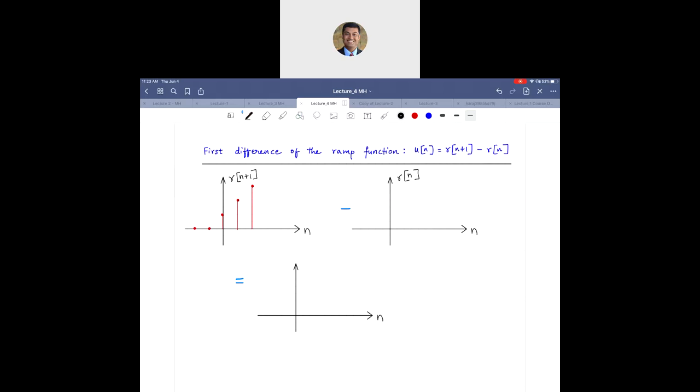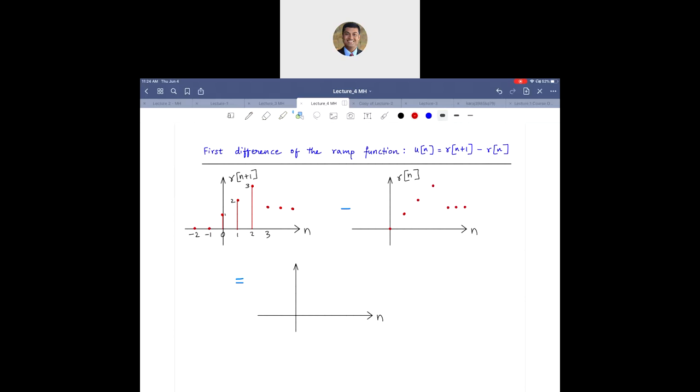This is 0, 1, 2, and so on. And then I've got -1, -2, and so on. And then the height 1, 2, 3. And on the right side, I have r of n. R of n is simply going to be the same thing, but 0 here, 1 there, 2 there, 3 there, and so on.